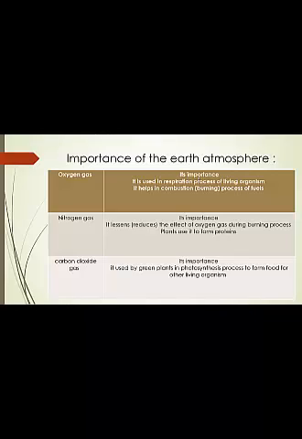Its importance is that it reduces the effect of oxygen gas during the burning process, and plants use it to form protein. Finally, carbon dioxide. Its importance is that it is used by green plants in the photosynthesis process to form food for other living organisms.